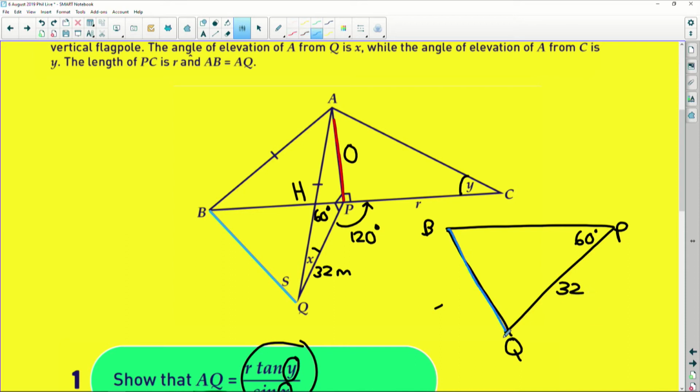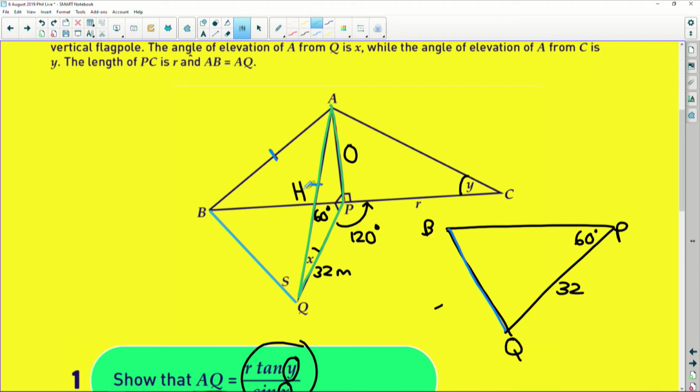We don't have enough information to use the sine rule, but if we look here, remember we're given that these two sides are equal. So now, if they're joined by the same vertical line, if we look here, this diagram is getting very complicated, but we've got this little triangle here, AQP, and then we also have this triangle here, ABP.